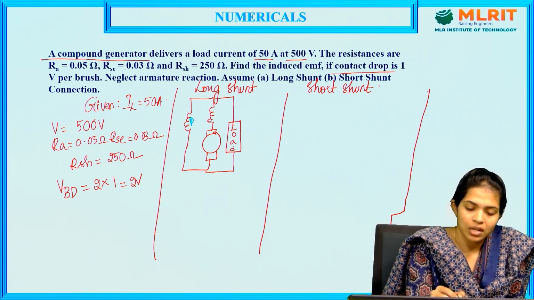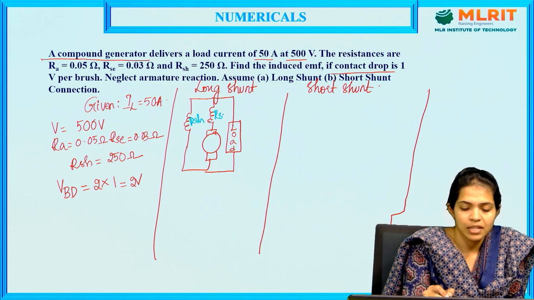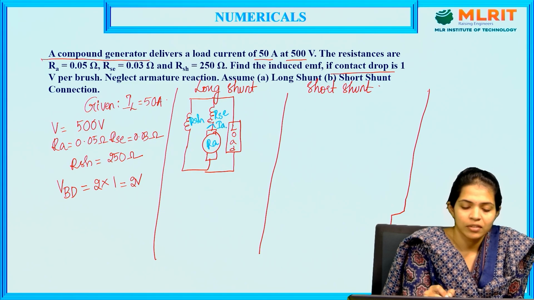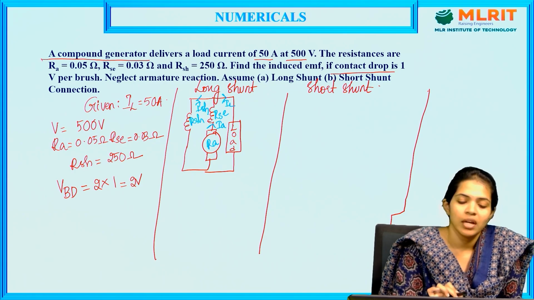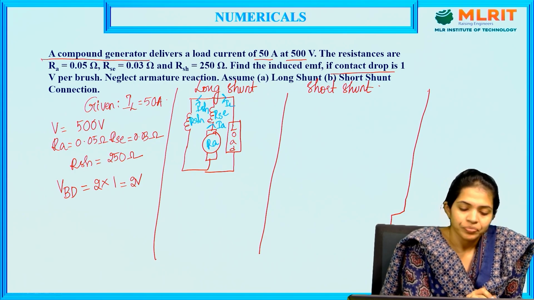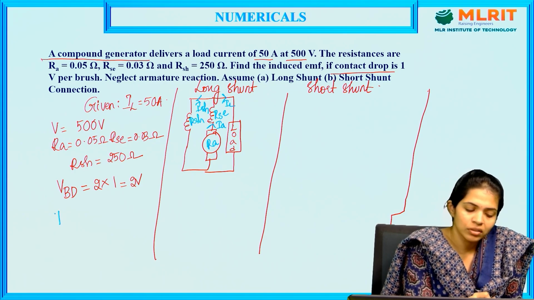Consider this as RSH, this as RSE, series field winding. Now this is RA. Now this will deliver the current IA. The current flowing through the load will be IL, and the current flowing through the shunt field winding will be ISH. We already have the IL value.